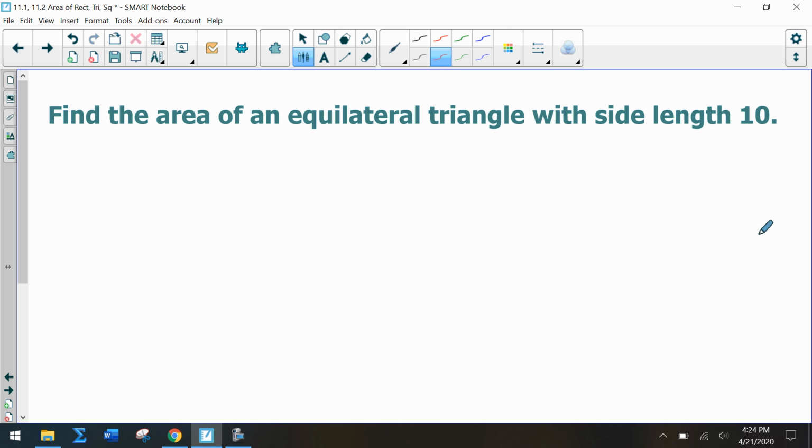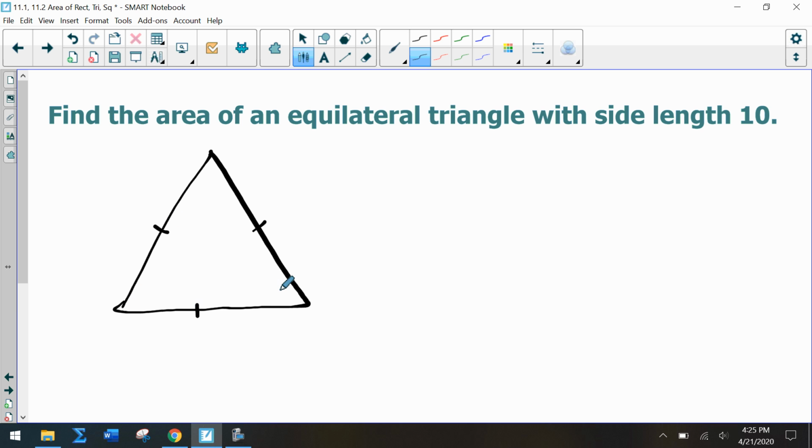Let's look at this problem. We want to find the area of an equilateral triangle. So if it's equilateral, we know it's equiangular. And if it's equiangular, we know all of the angles are 60 degrees, and all of the side lengths are 10.